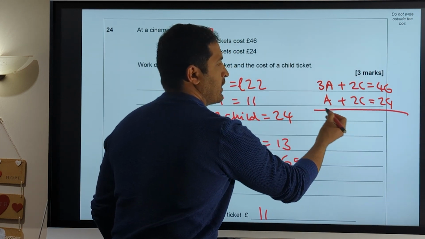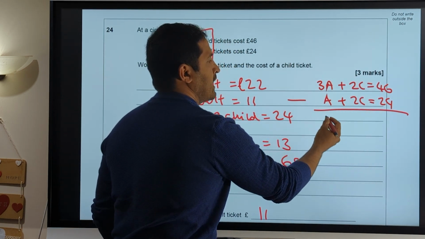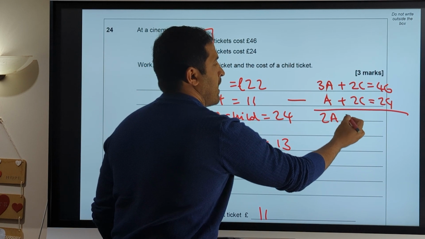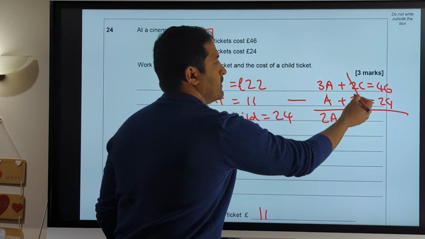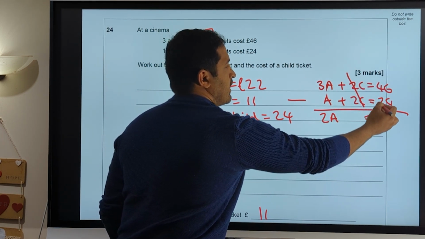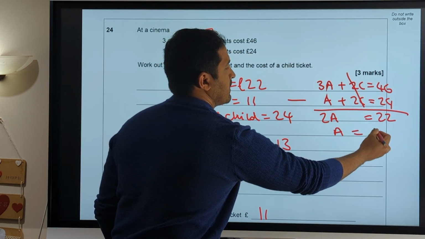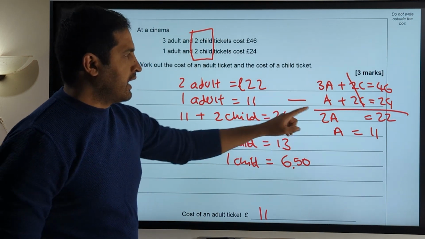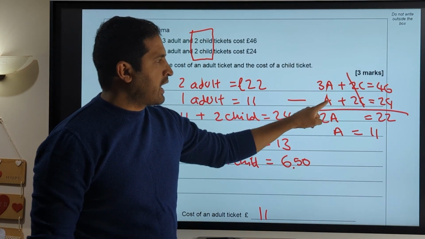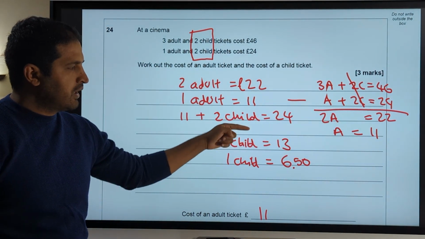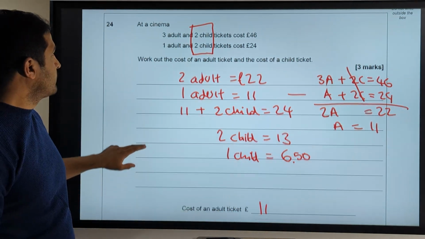So you can't take away the entire things. 3a take away a gives you 2a. So 2 adults, the 2c minus 2c gives you 0, and that gives you 22. So 2 adults gives you 22, so the adult is 11. And then you substitute adult equal to 11, so a plus 2c, what we just did here, and you get 6.50.